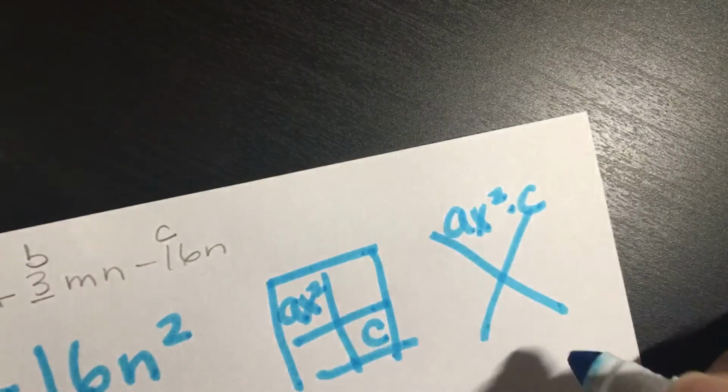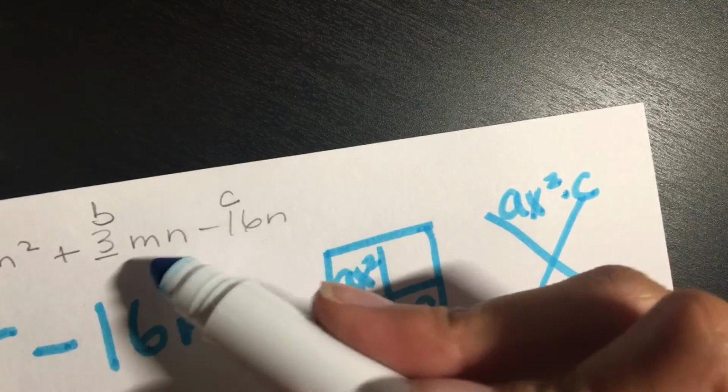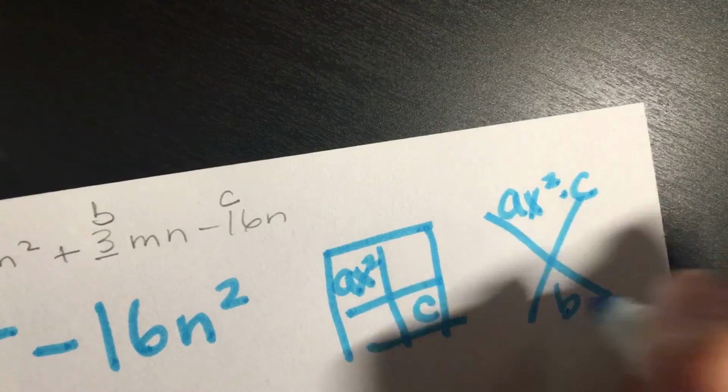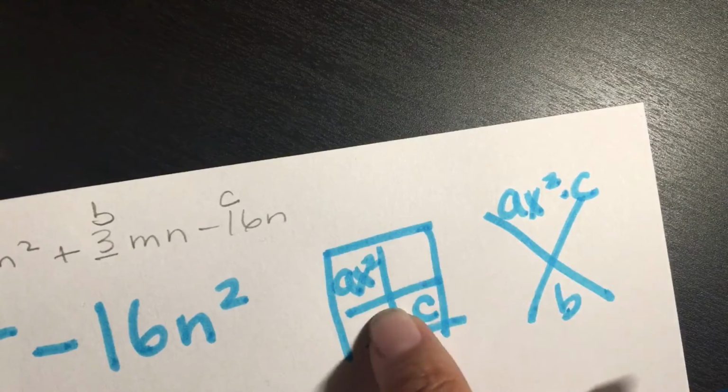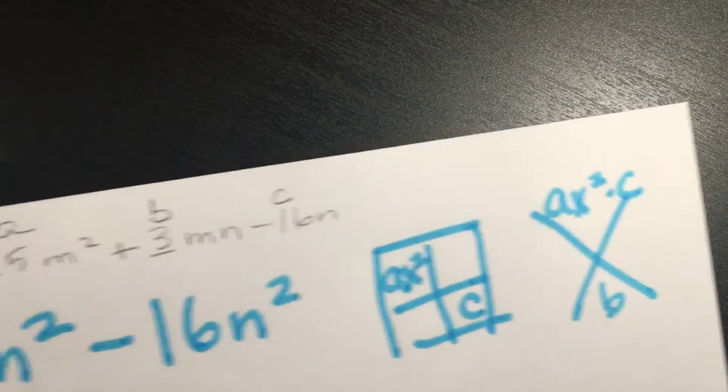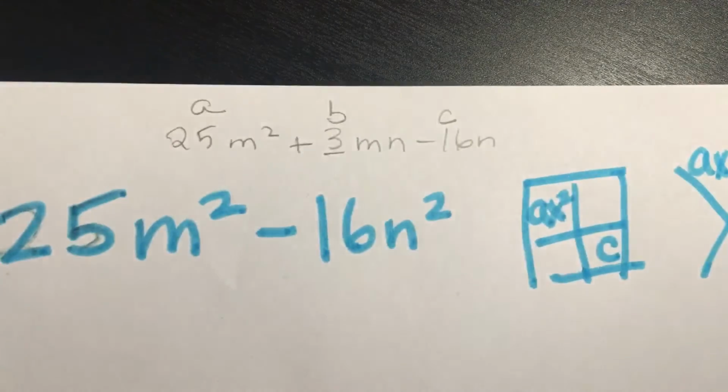So ax squared times c, and in the bottom, we put the middle term, whatever the b was. And then we factored out from the sides. Okay, so I'm going to use the same idea to try to do this one.